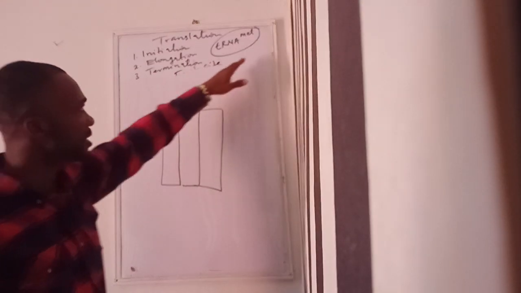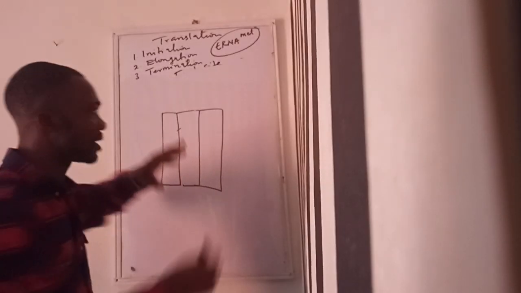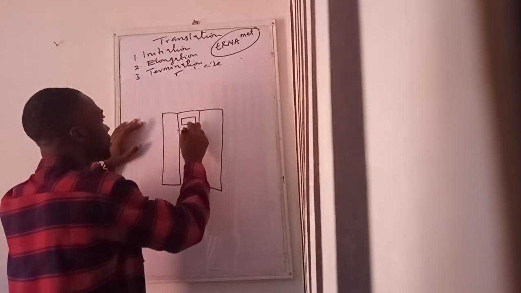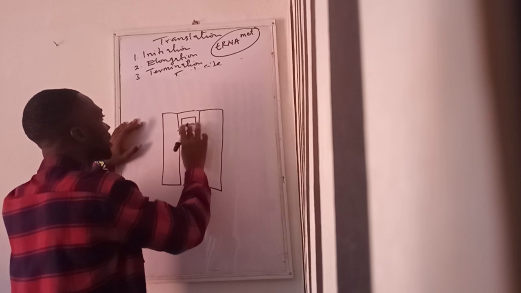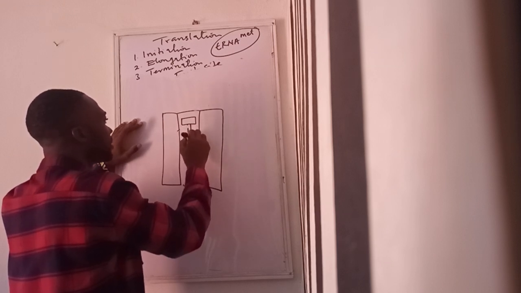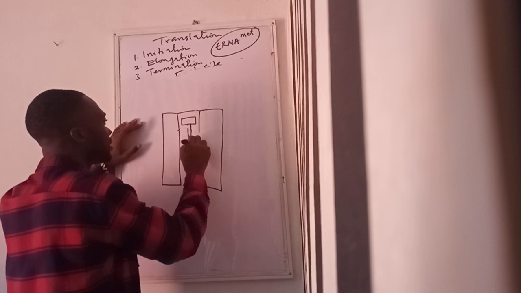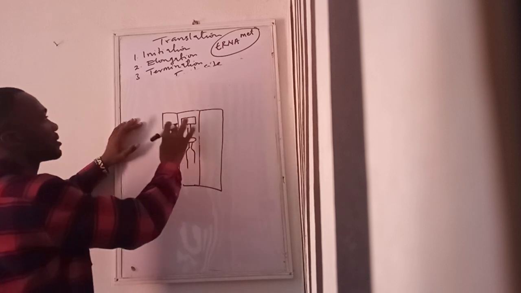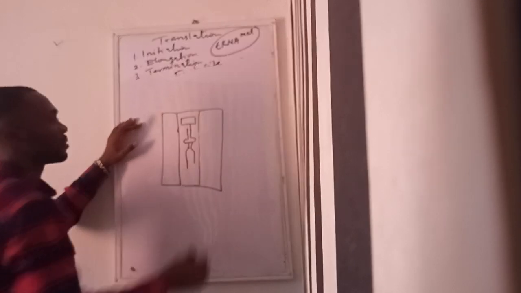So the transfer RNA that carries the methionine comes here. It is carrying the amino acid called methionine. Because of space, I will not give the full drawing of the amino acid.